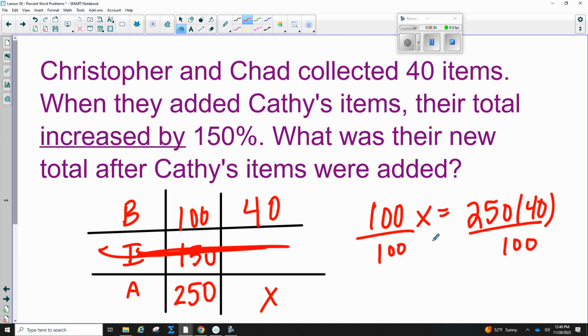You can cancel these zeros right here, so that's just 25 times 4, which is 1,000, and then it's whatever we were talking about. Actually, you guys, I lied. It's 100. 25 times 4. Just got carried away with those zeros. We already crossed those off. 25 times 4 is 100, so then we get items.